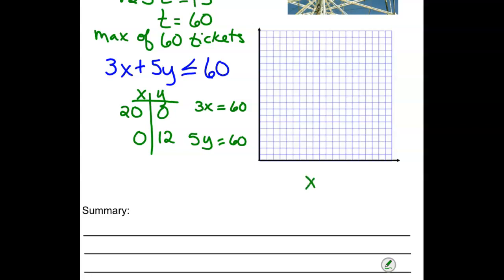So let's put our x's down here. Okay, number of small rides. Our y value is the number of large rides. Okay, and we know that we're going to hit at 20, 0.